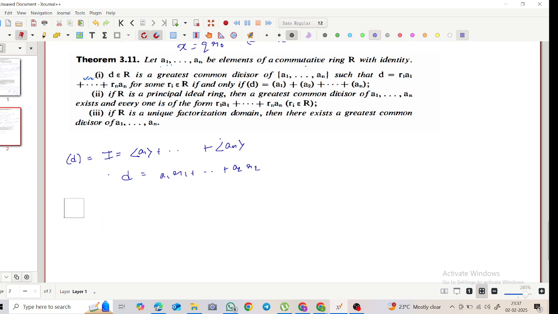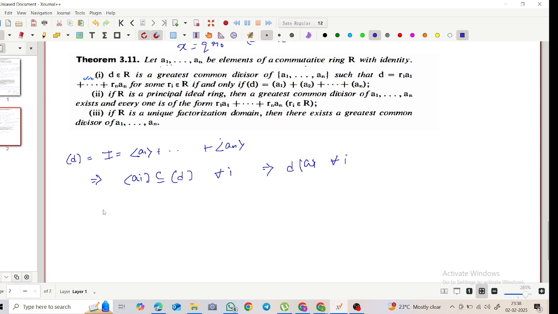The first condition is that d divides each of the a_i. So this implies the sum of the ideals (a_i) is a subset of (d) for all i, which implies d divides a_i for all i. So this is condition 1.